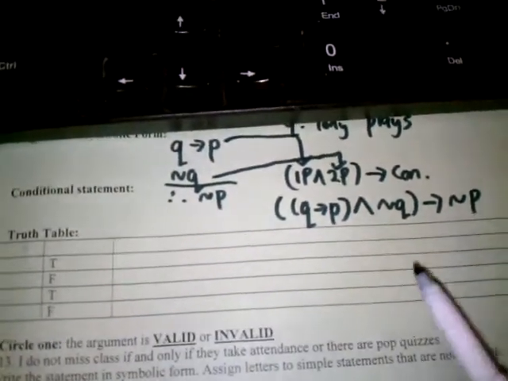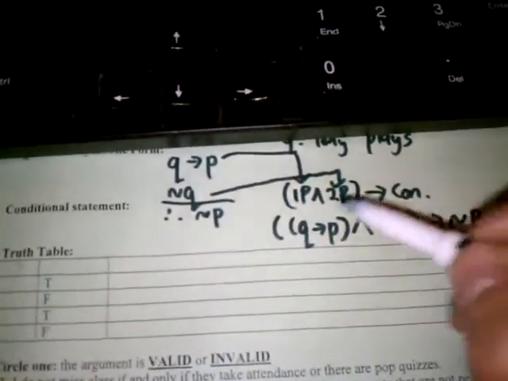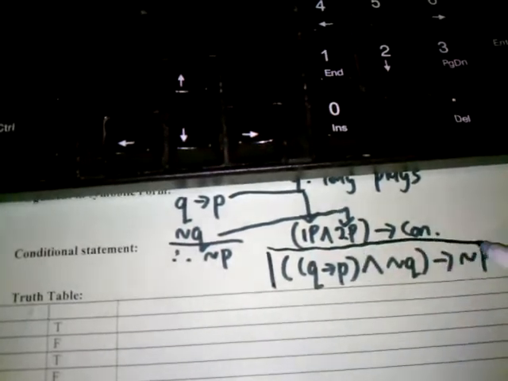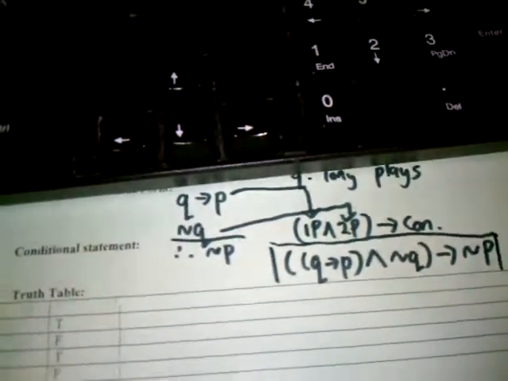Now we have to build a truth table based on this conditional statement.